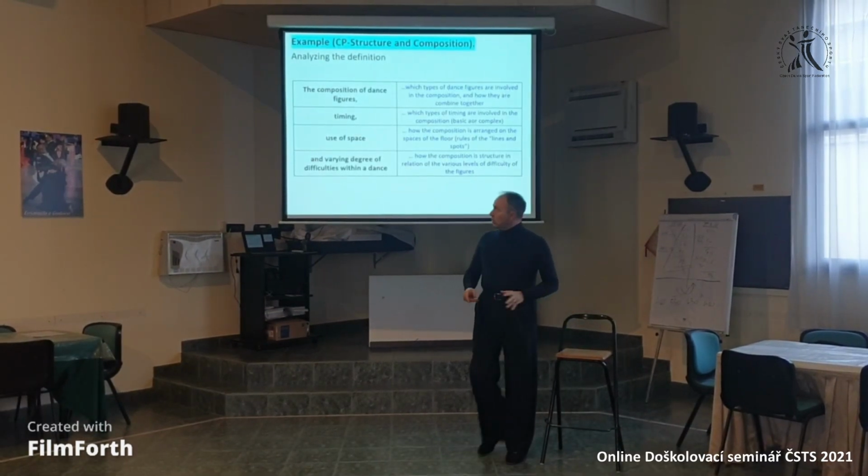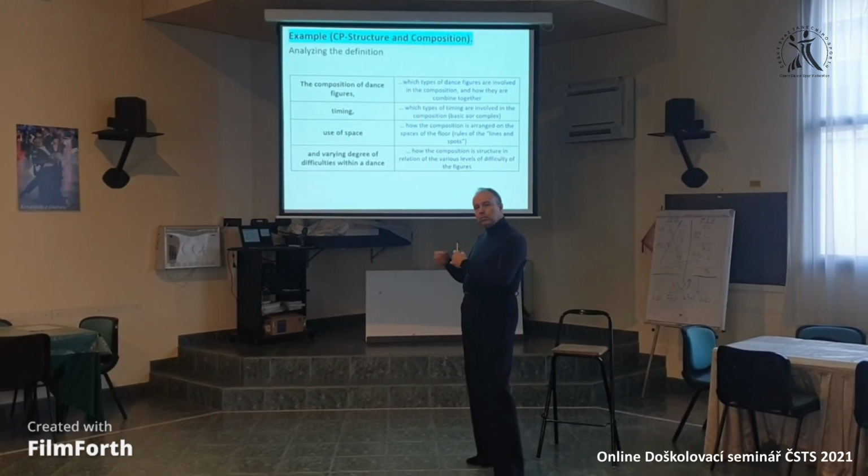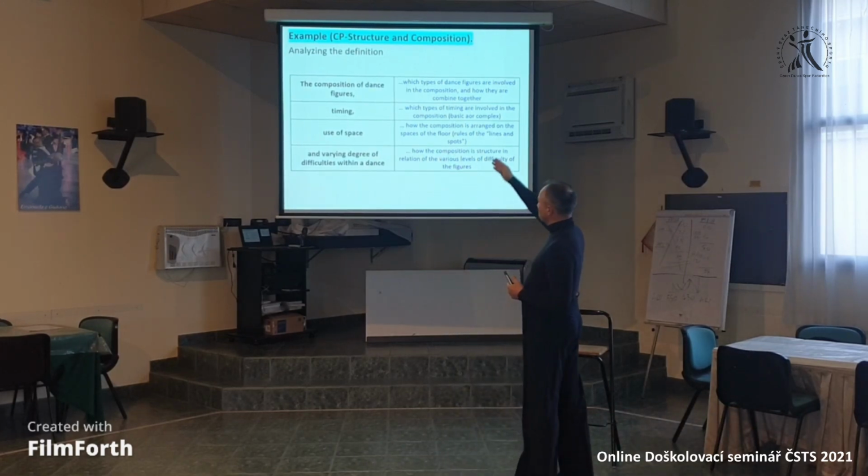Okay, now as we did before, we make the analysis, because now we are going to see how to judge also the quality index. But before the quality index, we have to understand the definition of this subcomponent, structure and composition. The definition that you can see in this column says the composition of the dance, the time, the use of space, and the varying degrees of difficulties within a dance.